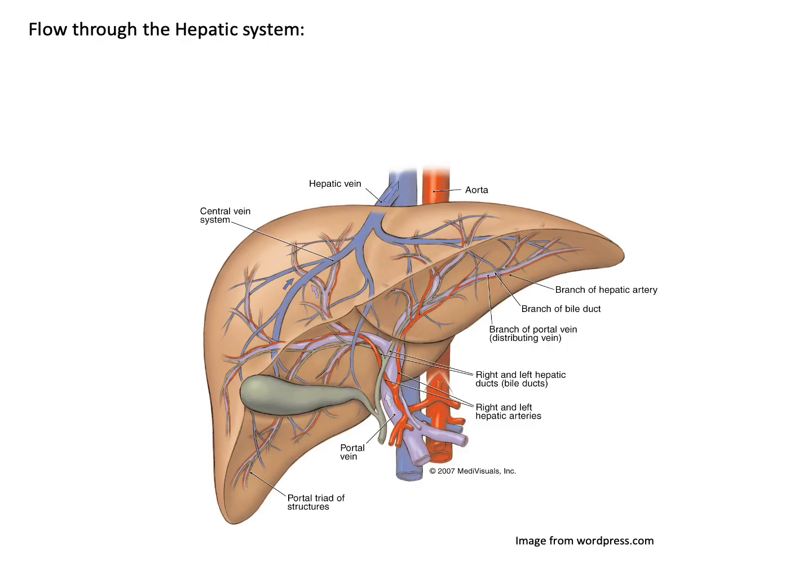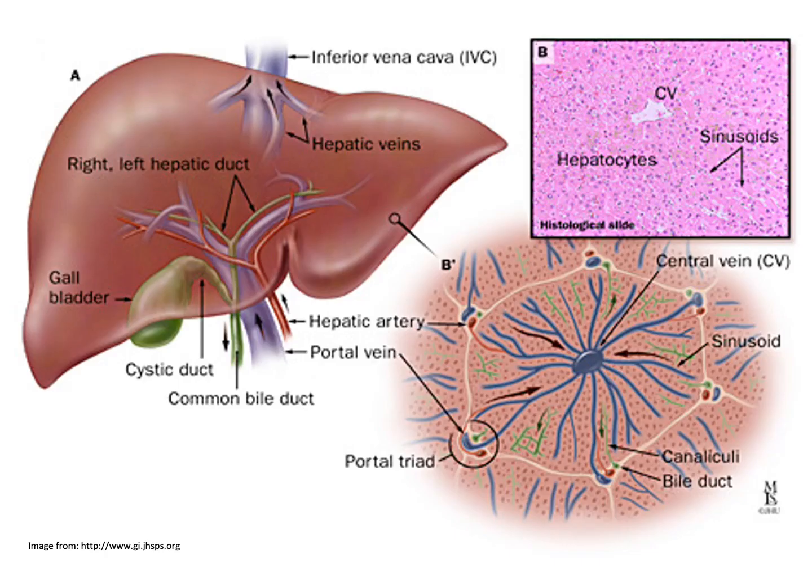The way in which the lobules function is by allowing for fluid flow through the lobule itself, starting from what's referred to as the portal triad, which is the junction of the branch of the hepatic portal with the branch of the hepatic artery and a collection duct of the hepatic bile duct.